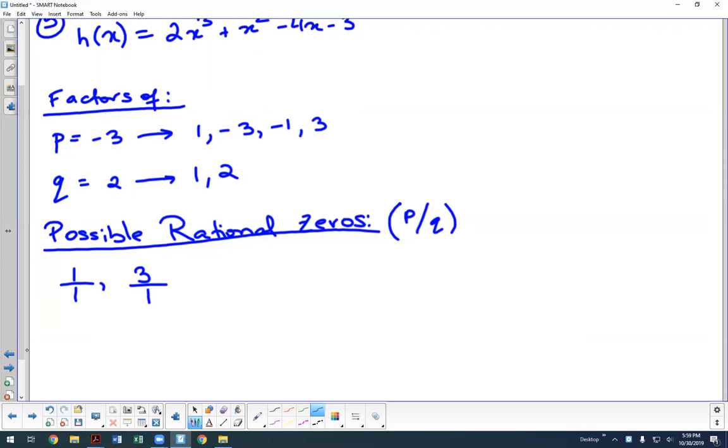I'm actually going to save us some time and just use 1 and 3 as my factors for 3 here, and I'll tell you in a minute why I'm doing that. So I've got 1 divided by 1, 3 divided by 1, and then same thing, we take 1 divided by 2 and 3 divided by 2.